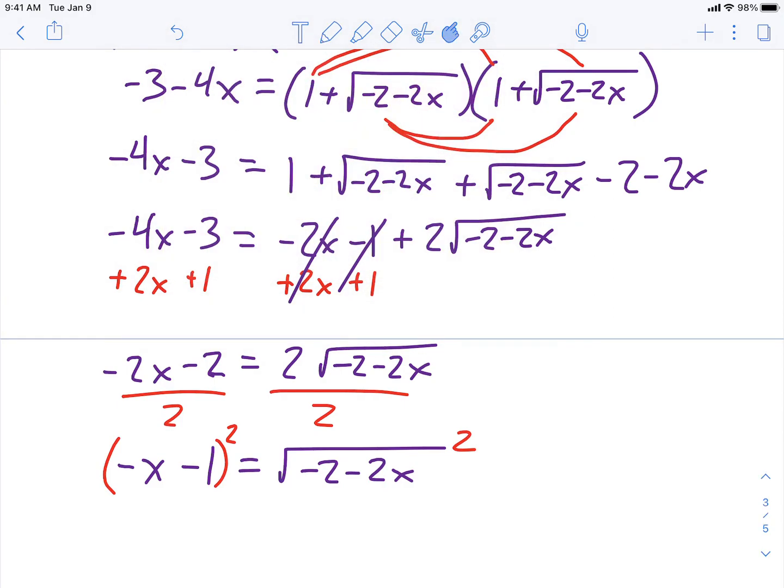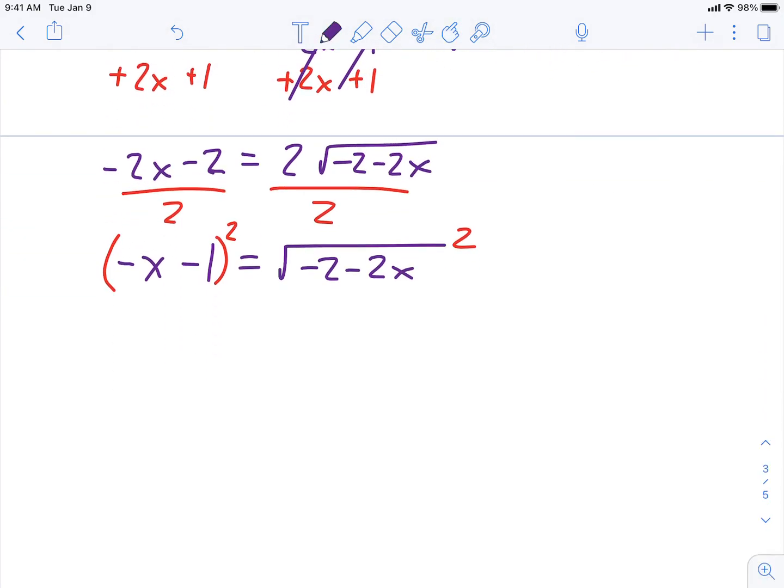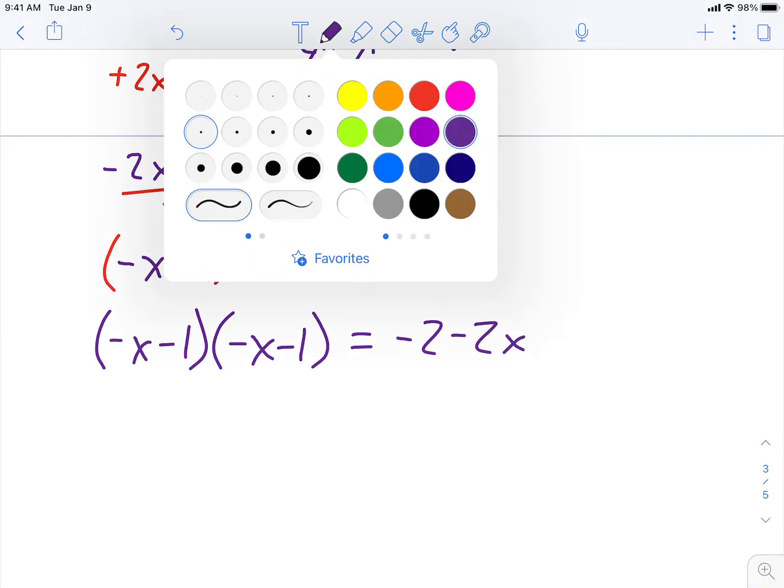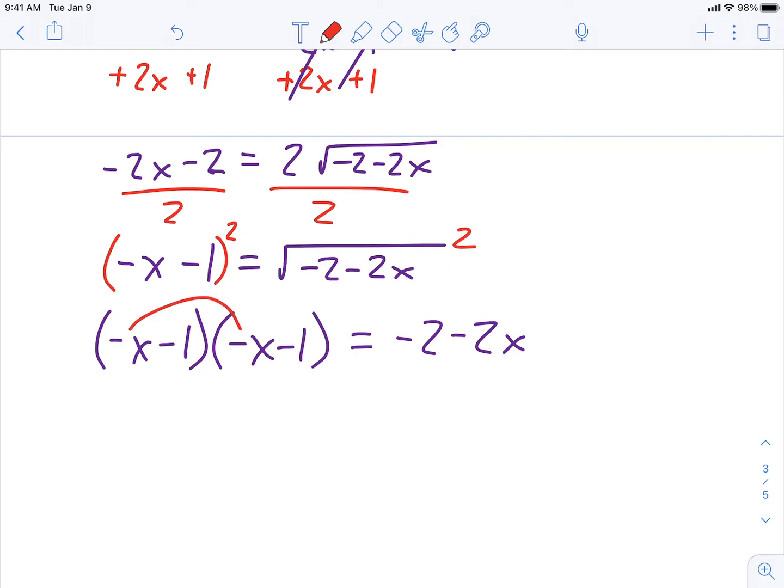Okay, so then on my left-hand side, this becomes -x minus 1 times another -x minus 1. And now the right side is a little bit nicer because the root just cancels out. All right, we've got a little more foiling to do.